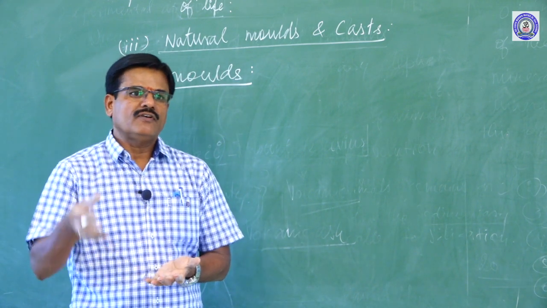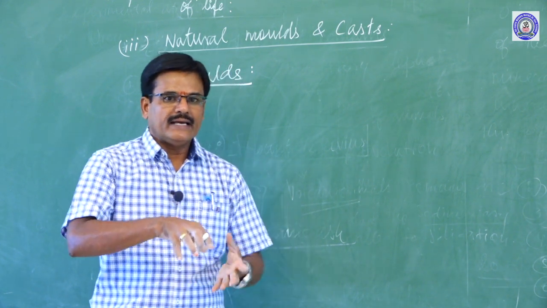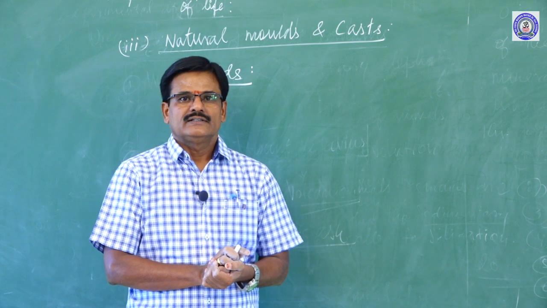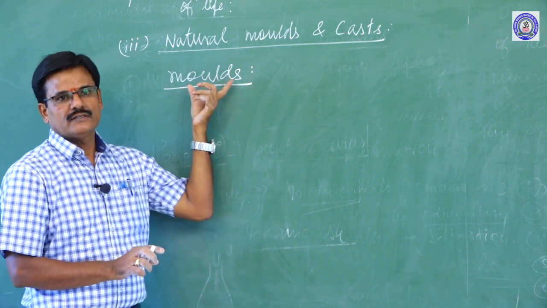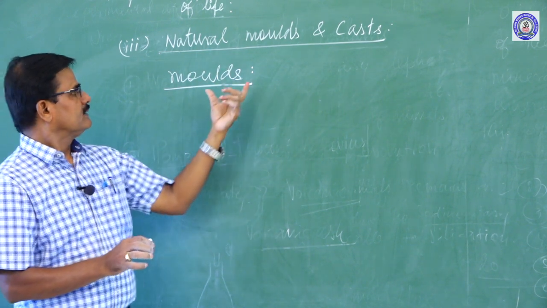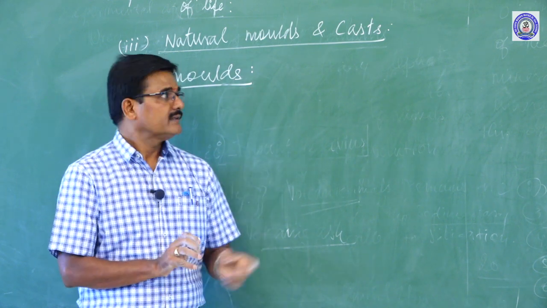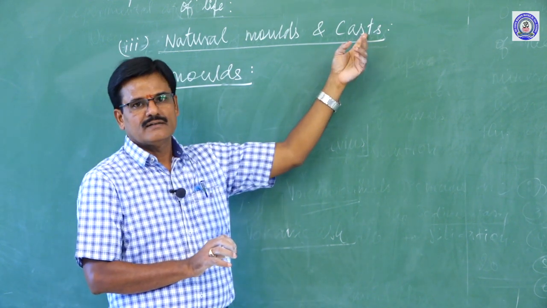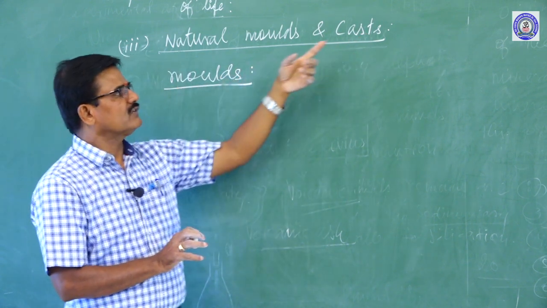When the animal falls on the soft mud, the impression made in the soft mud is called a mold. Later the molds are filled with hard minerals, that is called a cast. The minerals filled inside the molds are called a cast.